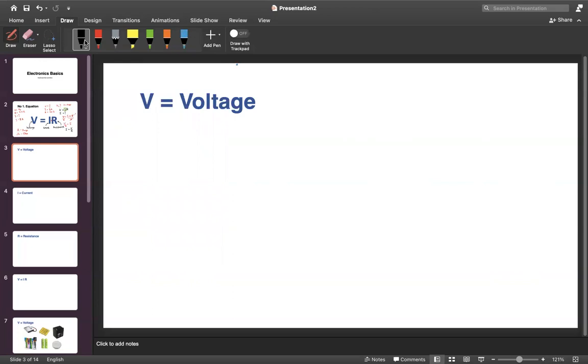Do you know what voltage means? We know there are batteries of 5 volts, and batteries of 9 volts and 1.5 volts, right? Do you know the meaning of voltage? Voltage is the current that we use to flow through different circuits.